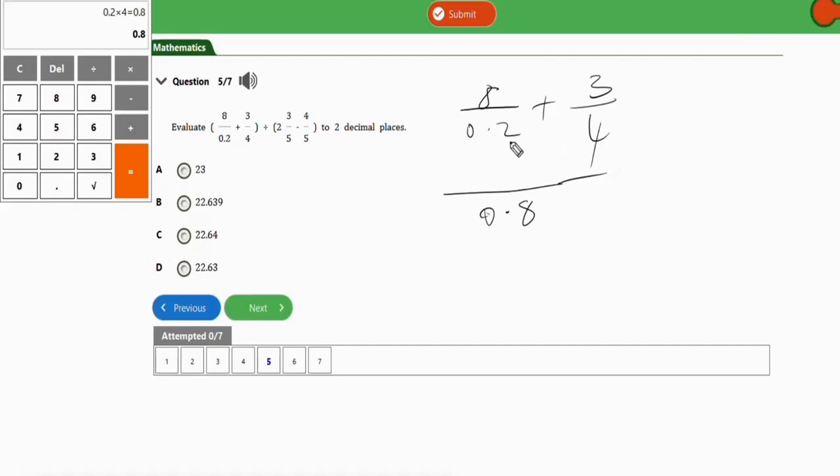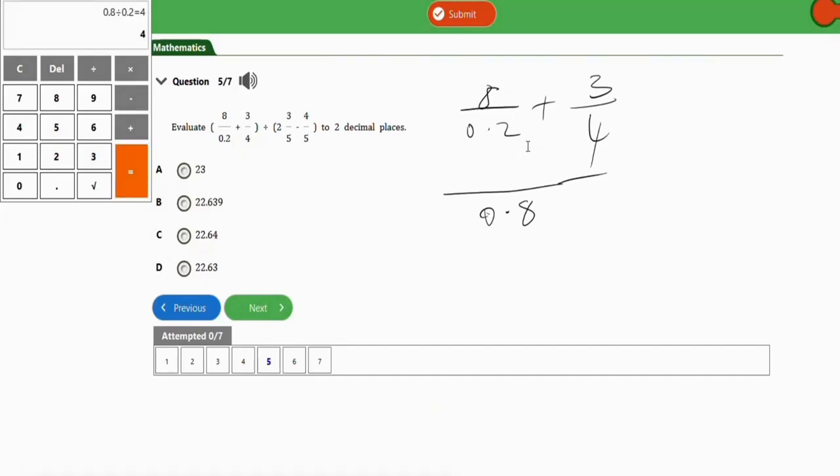So 0.8 divide 0.2. You're going to have the output. If you're not sure of some calculation, you can use the calculator. So we have 0.8 divide 0.2. So we have it as 4.